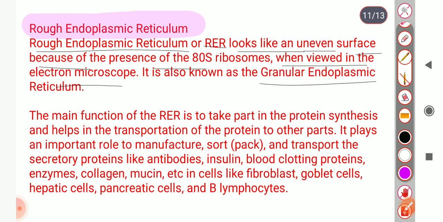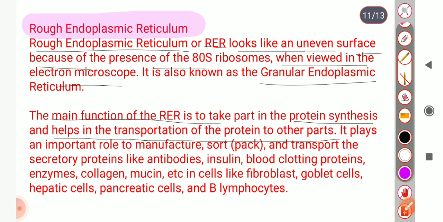And I studied that smooth endoplasmic reticulum is called agranular endoplasmic reticulum, but rough endoplasmic reticulum is called granular endoplasmic reticulum. The main function of rough endoplasmic reticulum is to take part in protein synthesis and help in the transportation of protein to other parts.